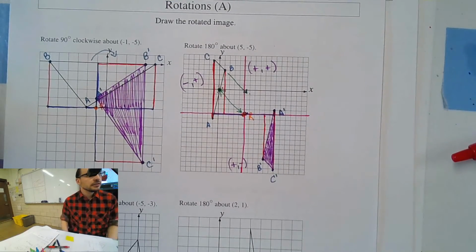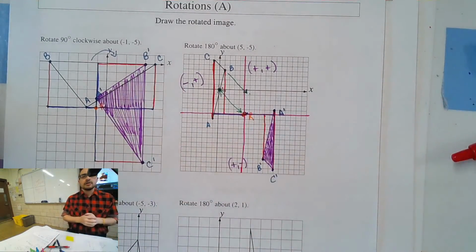Now the question is, why does taking one to the other versus the other to the one matter? Why should it matter?